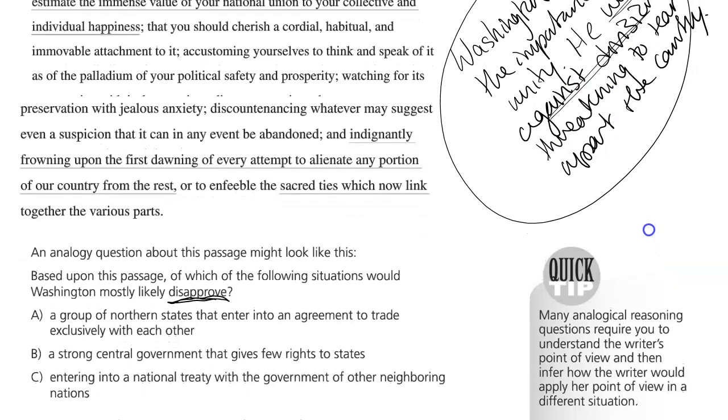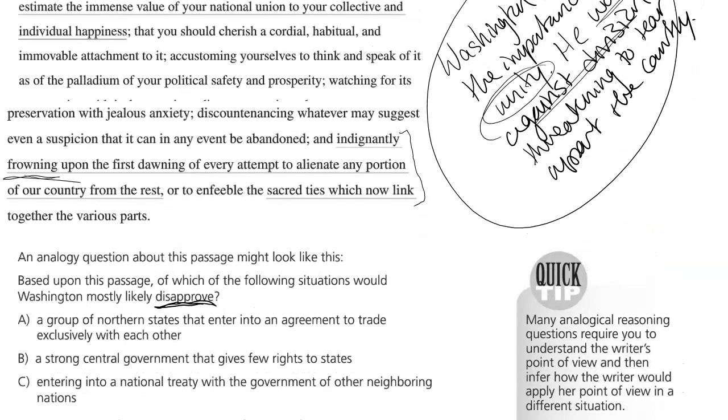So let's take a look at the answer choices. Option A: a group of northern states that enter an agreement to trade exclusively with each other. The word exclusively stands out to me because if we are being exclusive, it means we're leaving out other states, we're leaving out other people. And as we know, Washington definitely focuses on unity in this passage and the importance of a unifying government. So he probably would not agree with this.